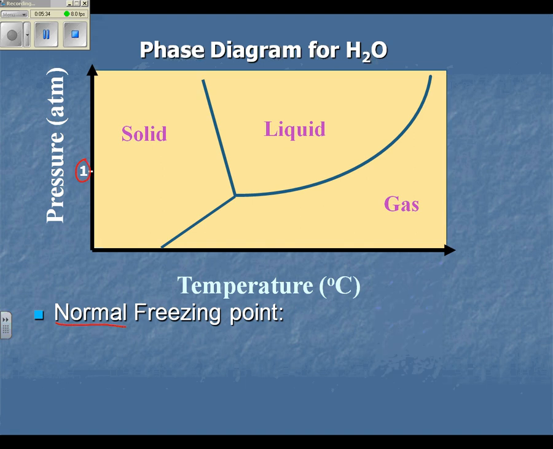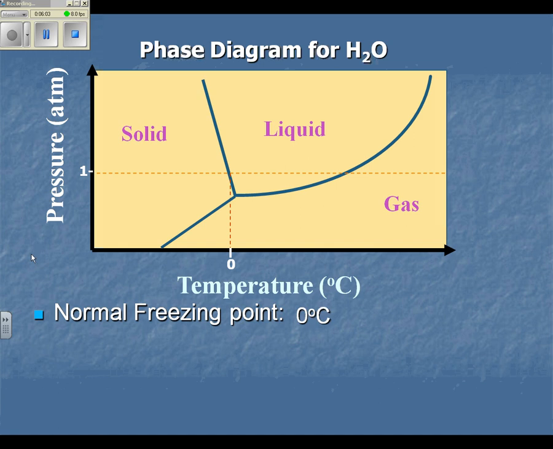Standard pressure is 1 atmosphere, or 760 millimeters of mercury, or 101.3 kilopascals. One of those is going to be normal. They're all equal to one another. So what you would do is you would go across here. If we're looking at normal freezing point, you want to go across, find the freezing point on the solid-liquid line, and then you go down to temperature. And for water, that's going to correspond to 0 degrees C.